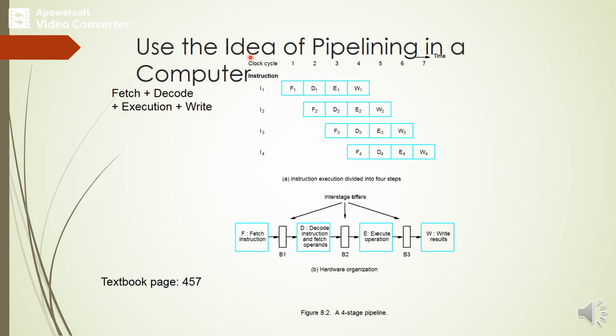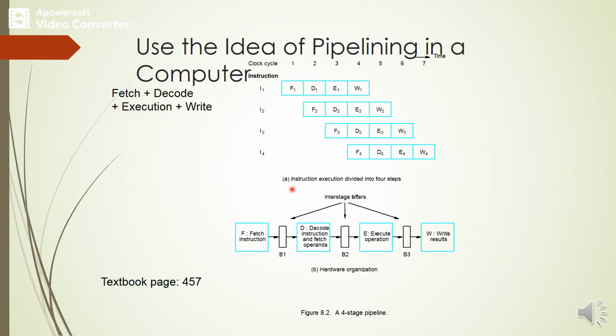This is the use of the idea of pipelining in a computer. We are overlapping the fetch, decode, execution and write phases together. F1 is the fetch phase of instruction 1, D1 is the decode phase of instruction 1, E1 is the execution of instruction 1, W1 is the write phase of instruction 1, and similarly for I2 we consider F2, D2, E2 and W2, and so on.